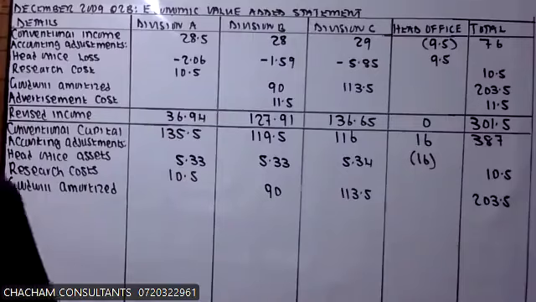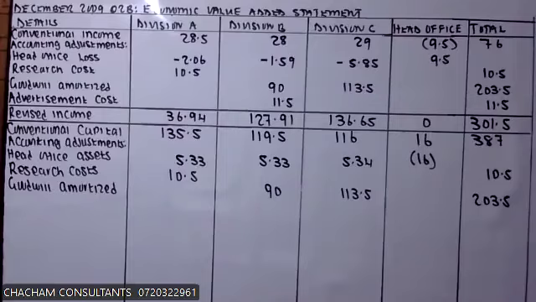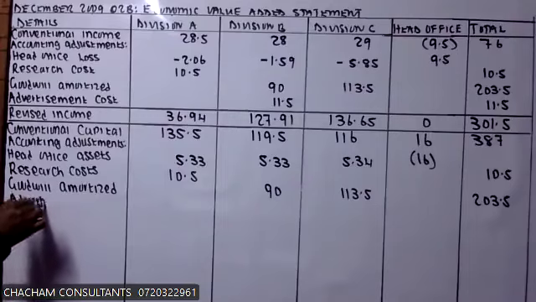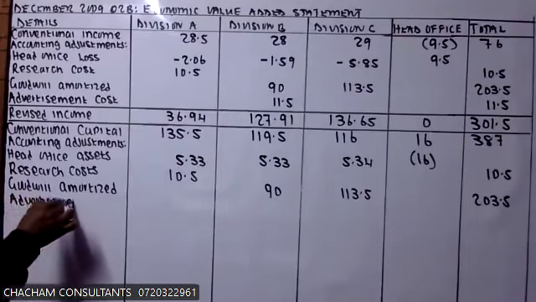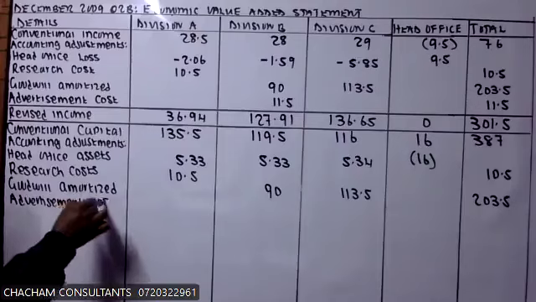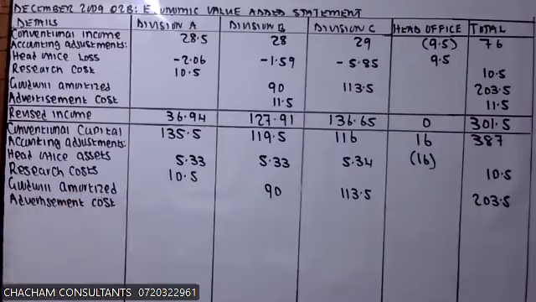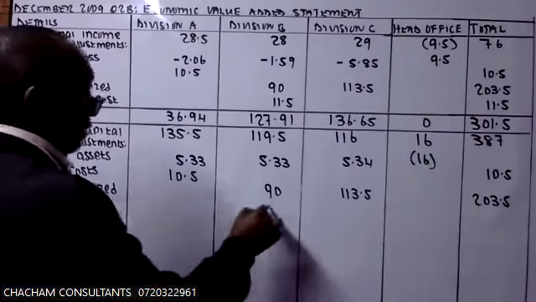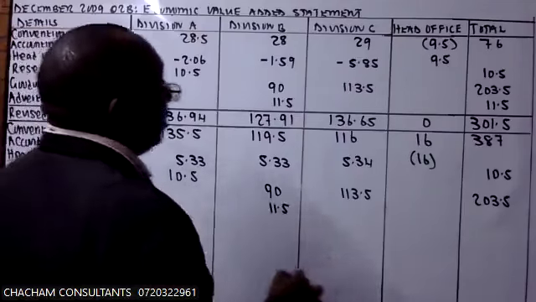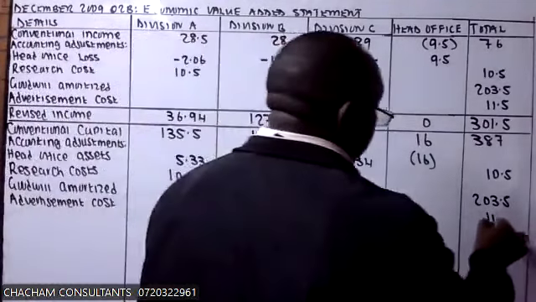Let me see whether there was accumulated amortization, because if there is accumulated you should not add back everything. There is no accumulated. Okay. Then there are advertisement costs. Advertisement costs is 11.5 here and 11.5.